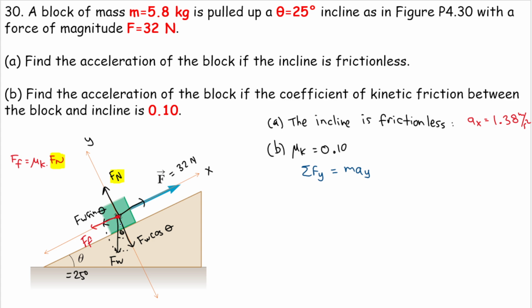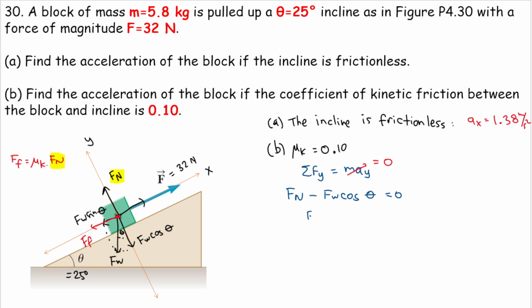It's not flying and it's not falling, right? So the right-hand side is equal to 0. In the positive direction, I will have the normal force Fn, and then minus Fw cosine of θ, and all of that will equal 0.